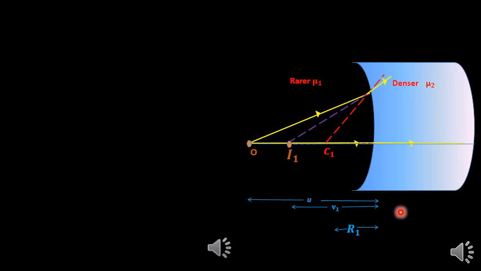So, the equation for the refraction at the first surface is mu2 divided by v1 minus mu1 divided by u equals mu2 minus mu1 divided by r1, which is equation number 1.